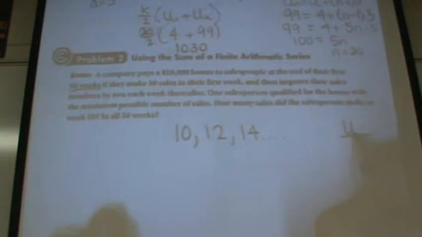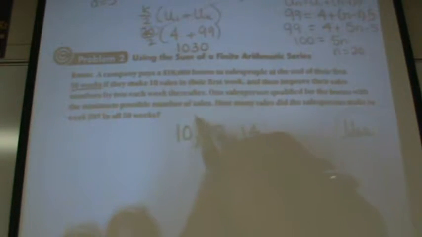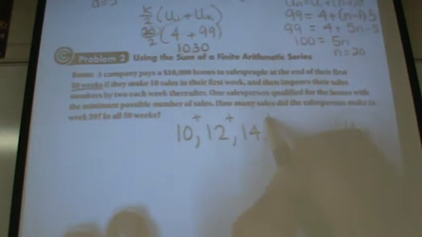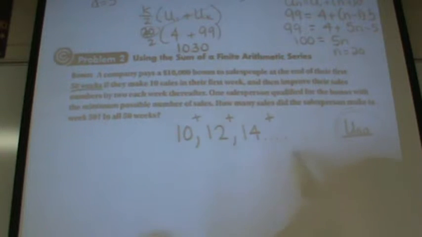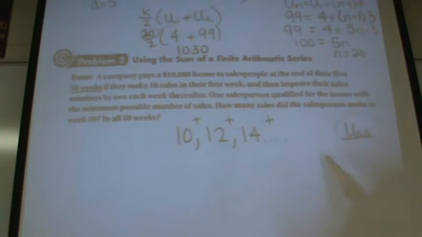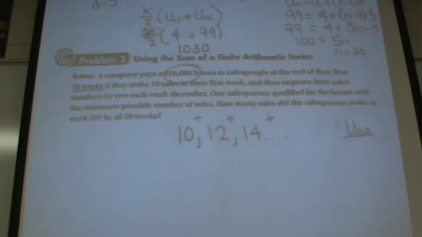By the 50th week, we want to know how many you sold, and what the sum of all of them is. If it meets their criteria, they're going to give you a $10,000 bonus. So that $10,000 is really not important at this point.